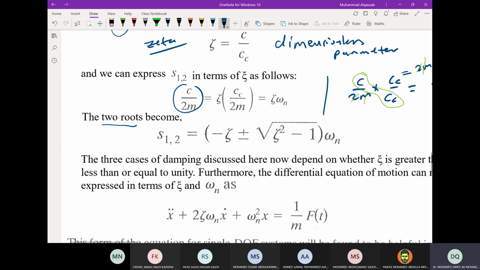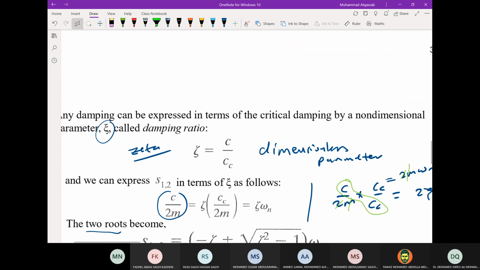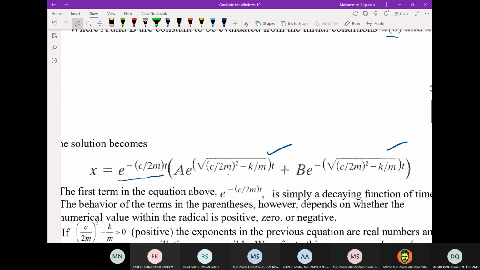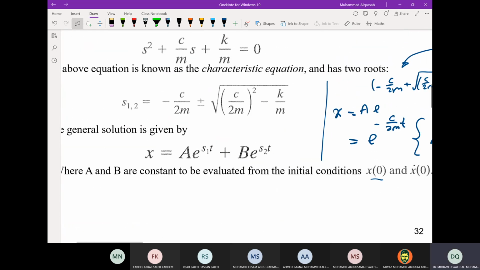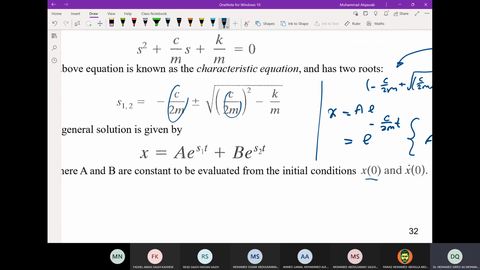And the roots, there is C over 2m here. So you can replace those with 2 zeta omega n, and also K over m is what? It is omega n squared, right?